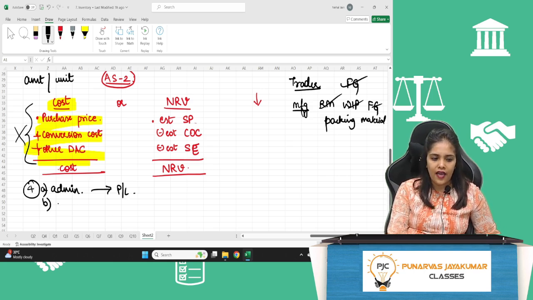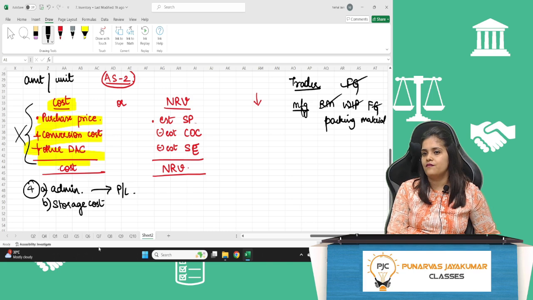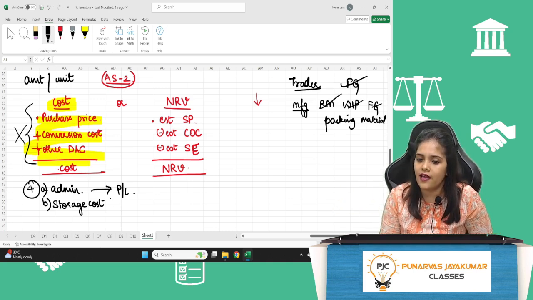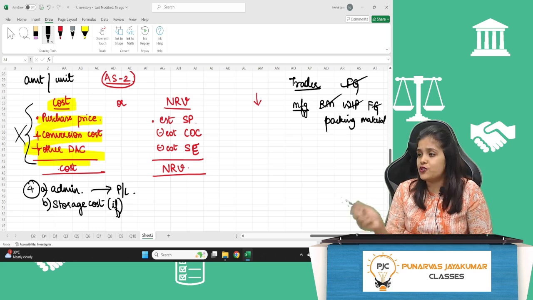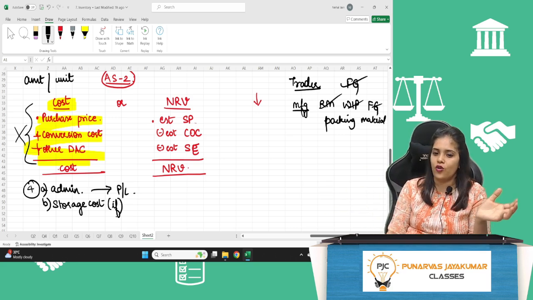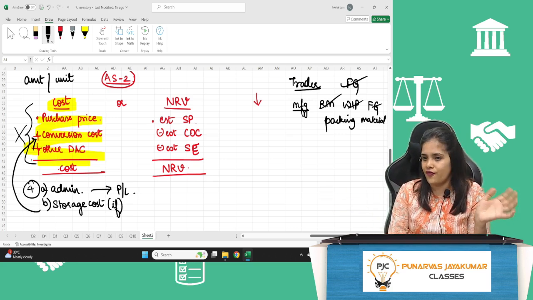Second, storage cost, the place where you store, warehouse, godown. If storage is necessary to bring the inventory to its available condition, then storage cost is added to the cost of inventory.